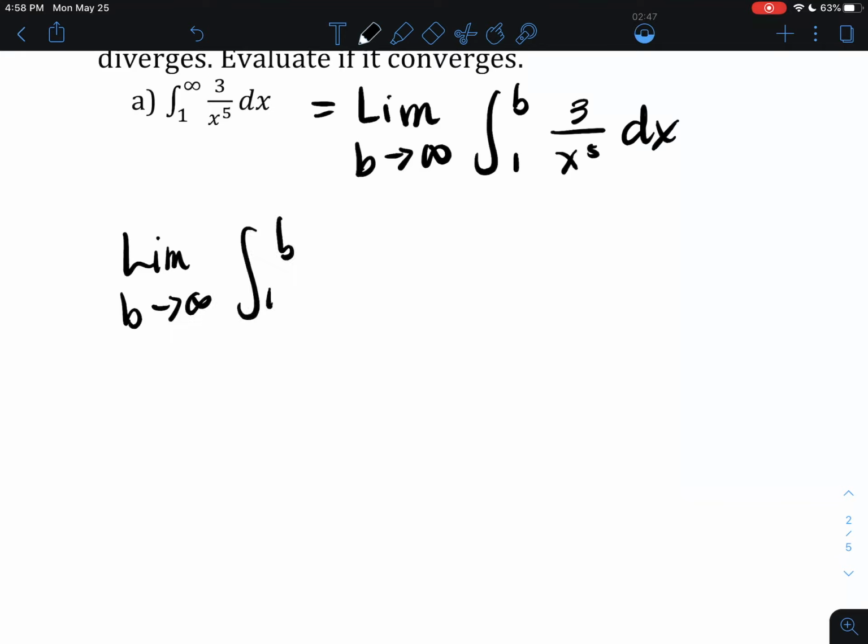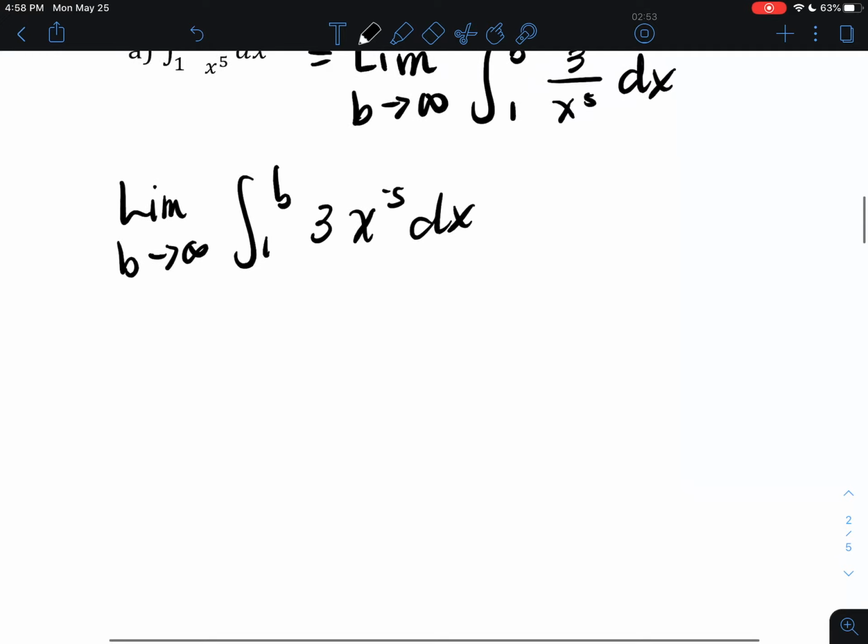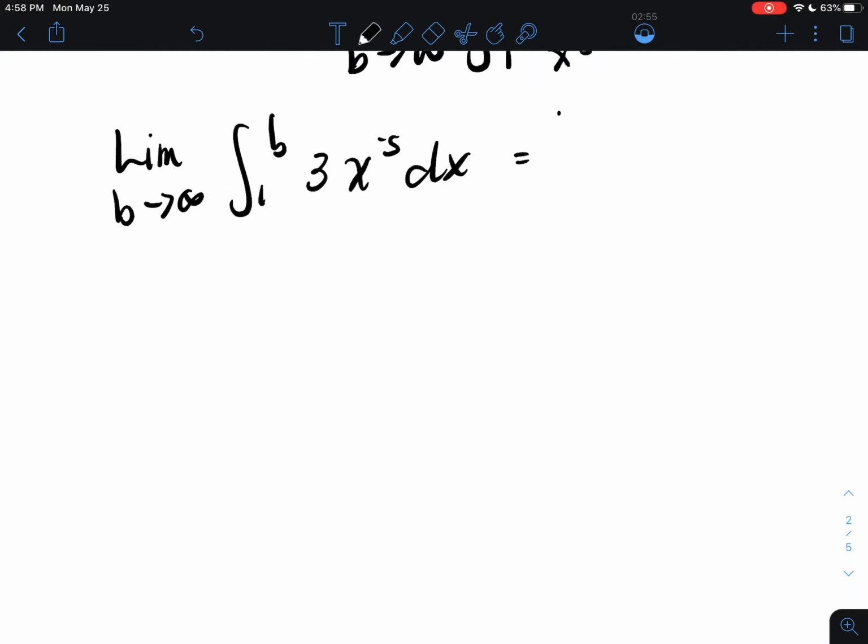Let me rewrite the integral 1 to b as 3x to the negative 5 dx. Then this will be the limit as b approaches infinity of 3 over negative 4, x to the negative 4, evaluated from 1 to b.